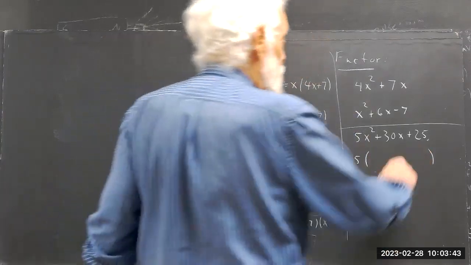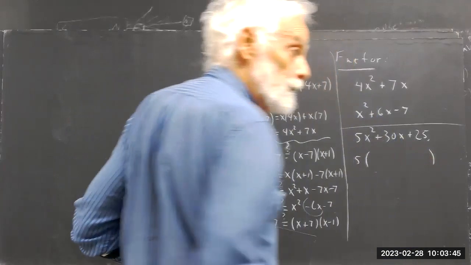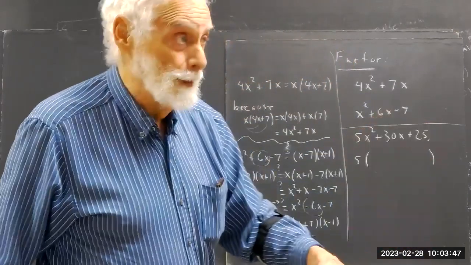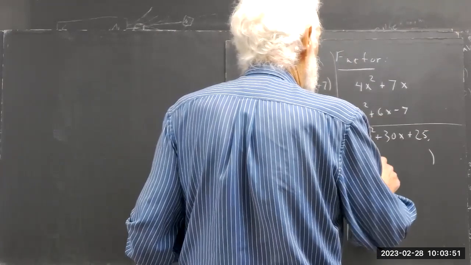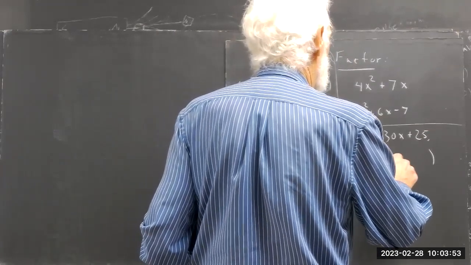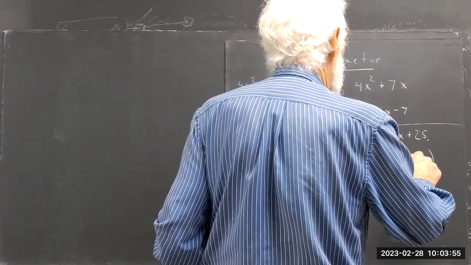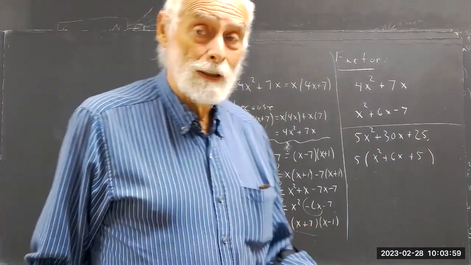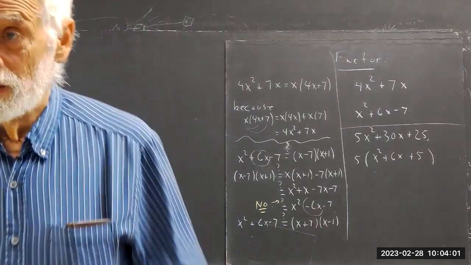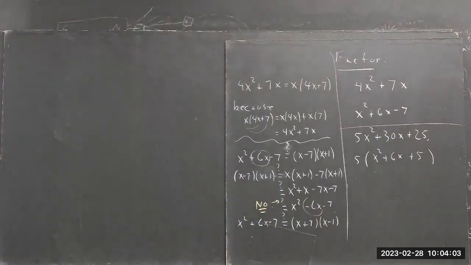We're not going to get a parenthesis here and a parenthesis here. That's another step. And if we factor out 5, we're going to get x squared plus 6x plus 5. Now, take a minute, use the distributive law, and make sure that that works. You can actually do it in your head, but it's probably better to write it out to reinforce and really understand that step.